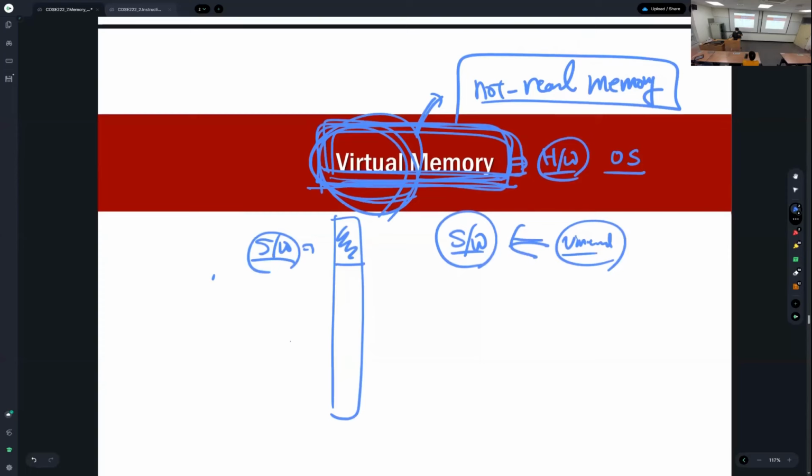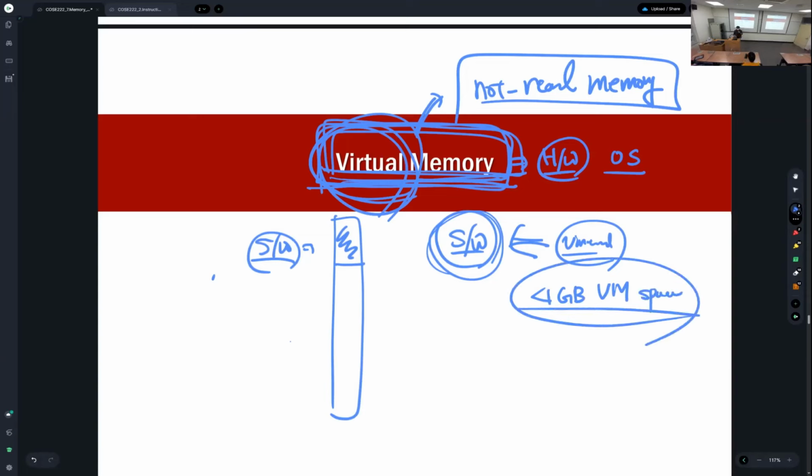It's like a fantasy memory. So to the software engineer, we just provide a large virtual memory, for example, 4 gigabytes of virtual memory space.